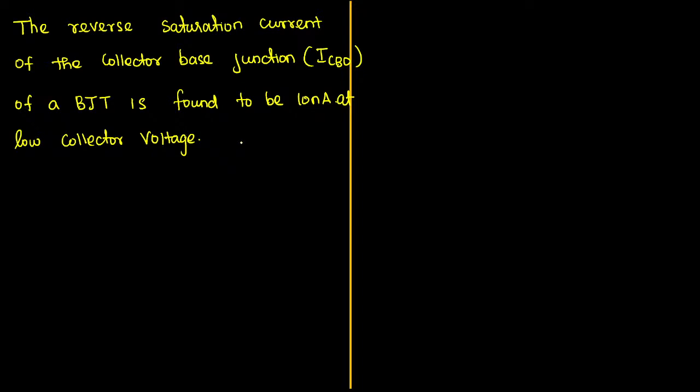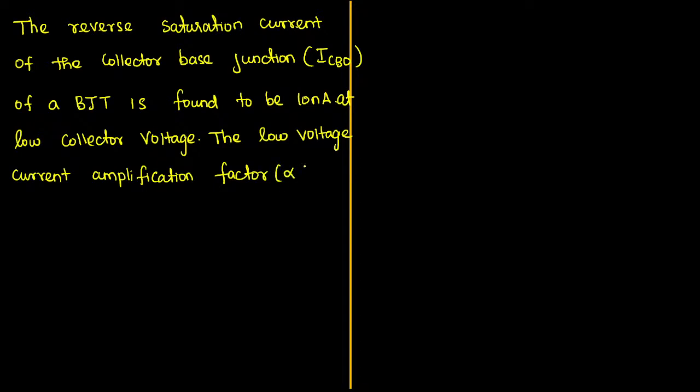Next, the low voltage current amplification factor, in bracket they told alpha is 0.98. You know the value of alpha is always around 1. It will be always close to 1 only.